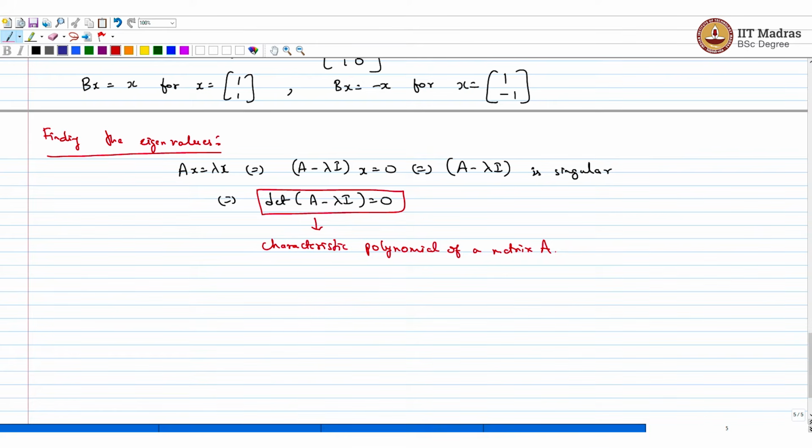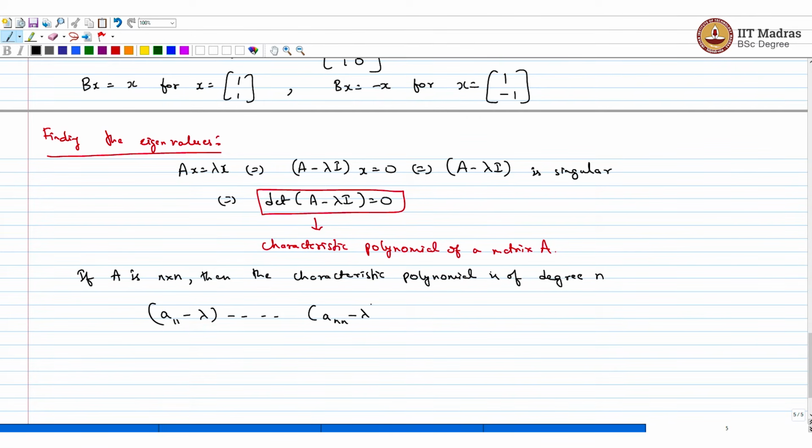Now, if A is n cross n, then the characteristic polynomial is of degree n, and I can write it as (A11 minus lambda) into ... (Ann minus lambda) equals 0.